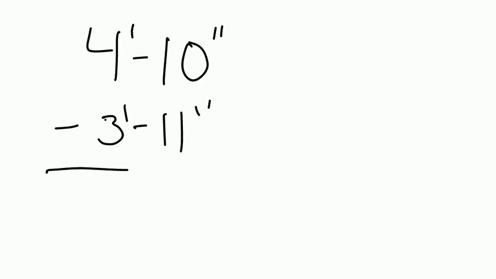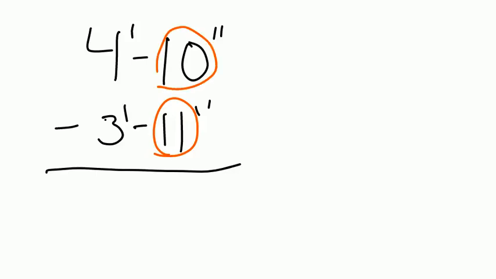And again, we want to know what the fall off is going to be. Well, we can see this number down here is greater than the number up here. And it's kind of hard to have a negative measurement. So what could we do to subtract these?